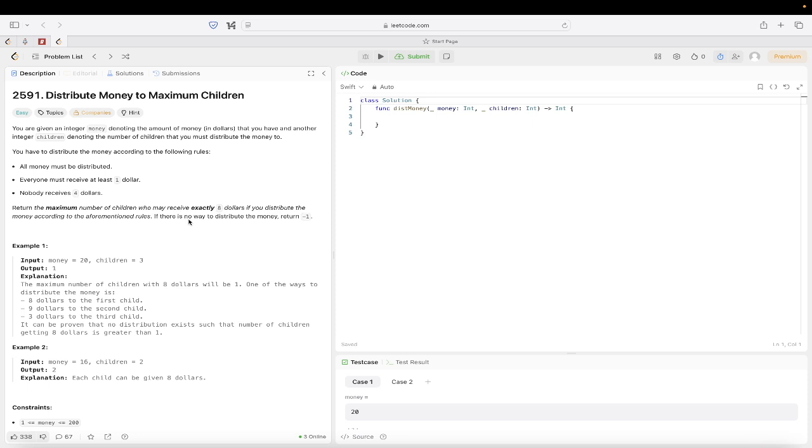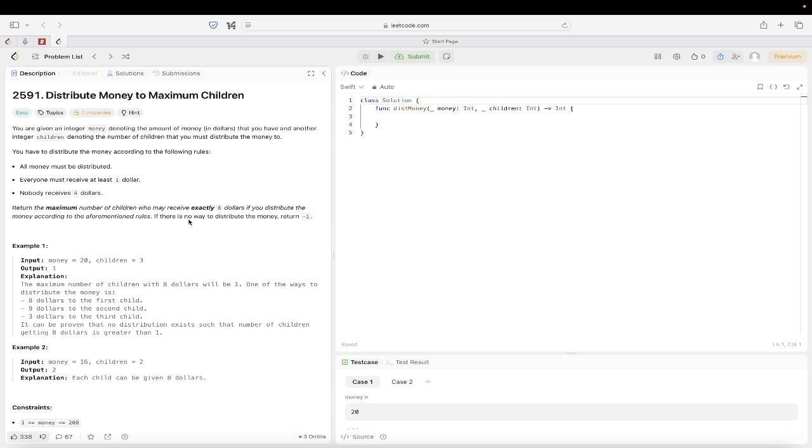Everyone must receive at least $1. Nobody receives $4. Return the maximum number of children who may receive exactly $8 if you distribute the money according to the aforementioned rules. If there is no way to distribute the money, return -1.